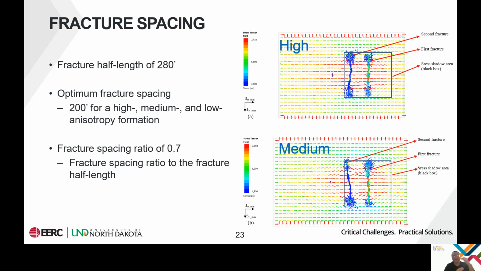And for the fracture half length of 280 feet that we kept for each model, the optimum fracture spacing is 200 feet for the high, medium, low, and also 0 stress anisotropy. If we call it the fracture spacing ratio, which is fracture spacing divided by the fracture half length, 200 divided by 280, the simulation suggests that 0.7 will give you the optimum number.